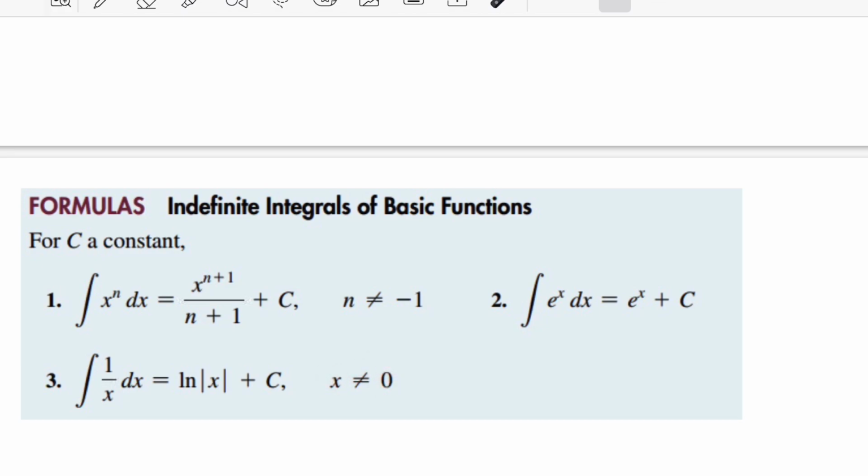So remember, the natural log function is only defined for positive x, so x cannot equal 0. But if we have the absolute value of x, it will be defined for all nonzero x, because we can plug in negative x values, and the absolute value will make this positive.